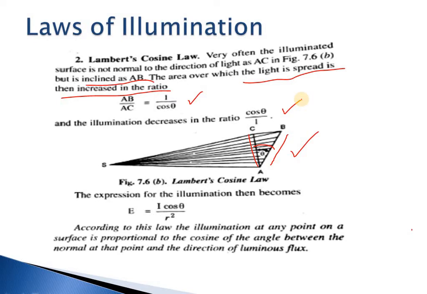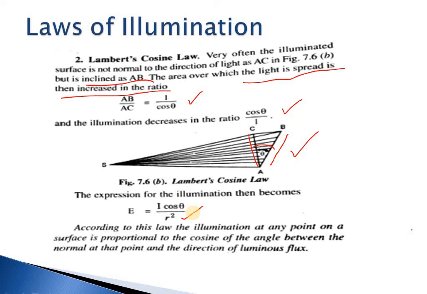So the expression of illumination becomes E equals I cos theta divided by R square, where R is the distance. We know from the previous law it is inversely proportional to the distance squared. So ultimately it becomes I cos theta by R square.